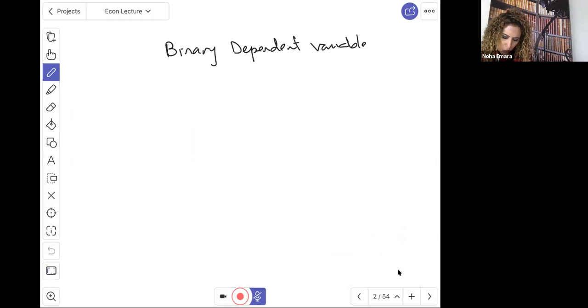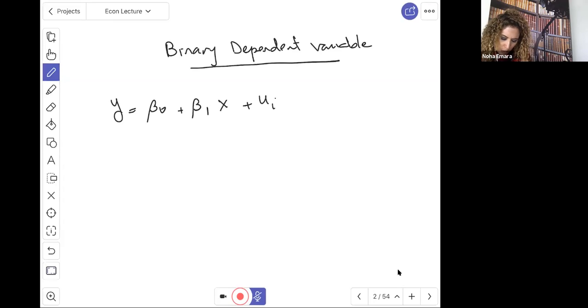Okay, so we used to have a model in which y equals beta naught plus beta 1 x, let's make it just a simple model, plus u_i, and we used to have y as a continuous variable that takes different values, and x_i is continuous.